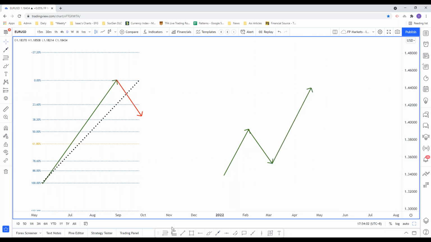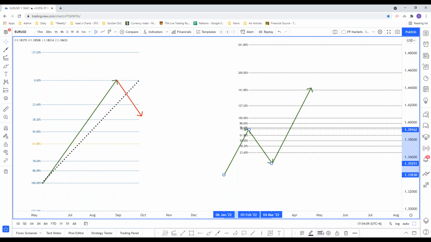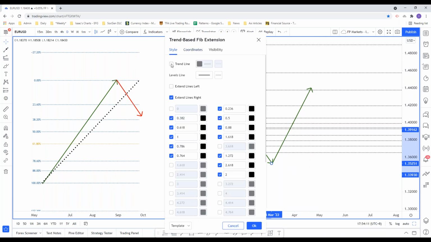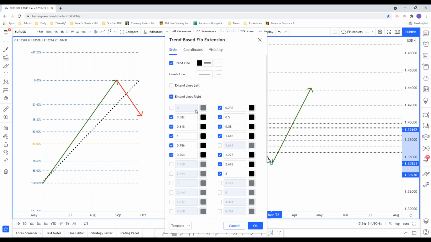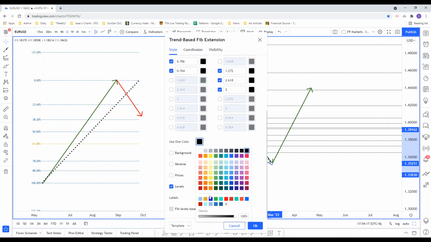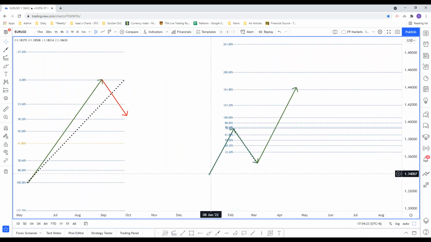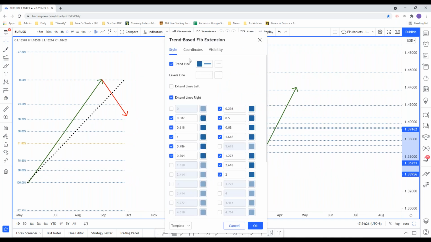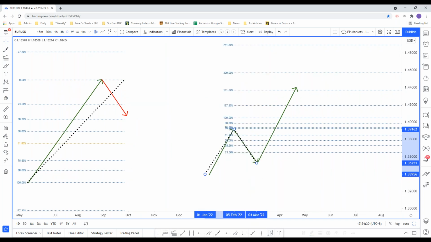So we draw Fibonacci expansion, 0.1 to 0.2 to 0.3, trend line. And I'm going to change the color of the level so it's clearer for everyone. You cannot really see the trend line here.